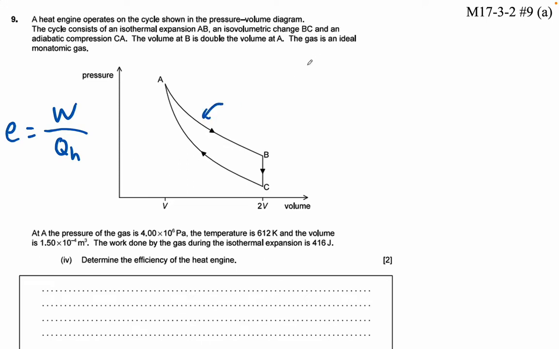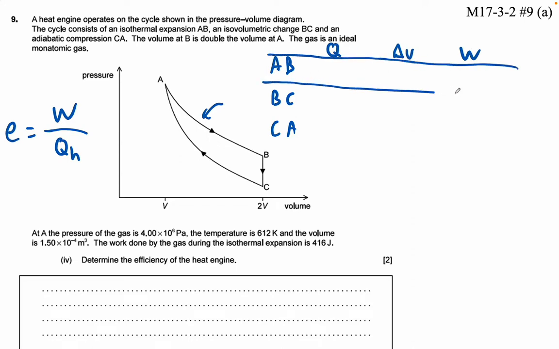Okay, so let's go through all of our cycles. We've got AB, BC, CA. And then let's do Q, let's do delta U, let's do work. Sometimes it helps to just organize this.